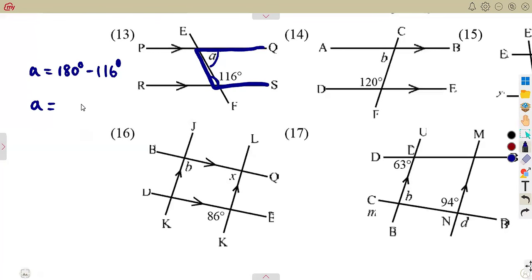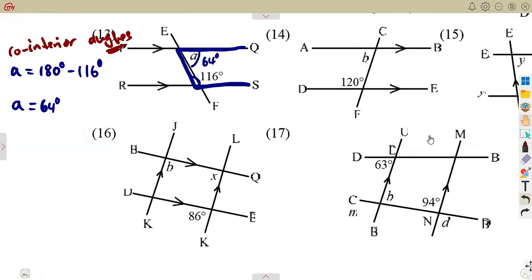These two angles, they add up to 180. So we are simply going to subtract the 116 from the 180, and that was going to be 64 degrees. Sorry, guys. These are co-interior, all right?